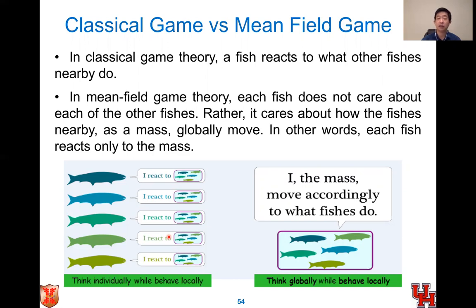You consider them together as a mean field, and in this case you only consider the shark against this school of fish, so just one iteration, looks like a two user case, and the optimization becomes much more simplified.